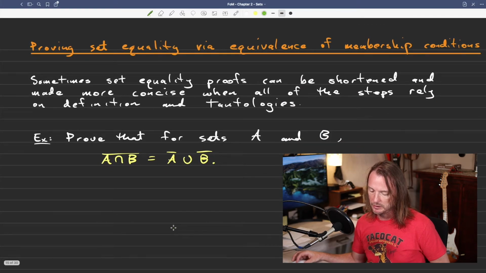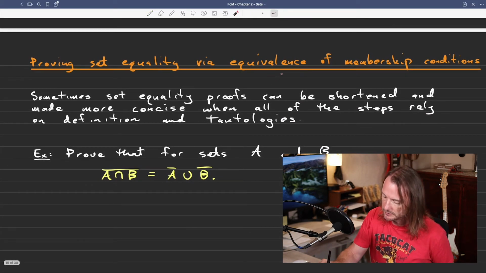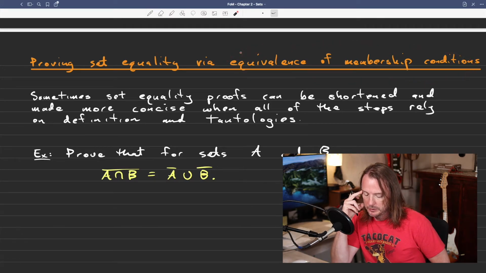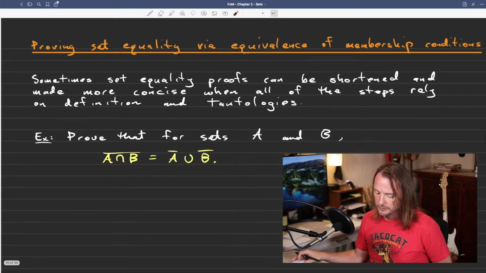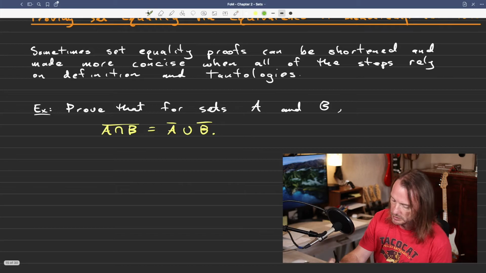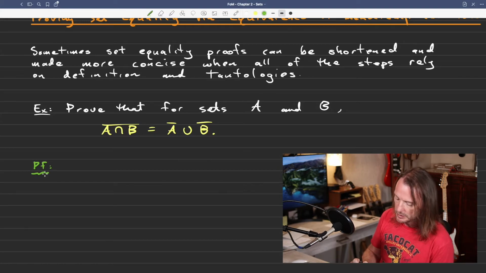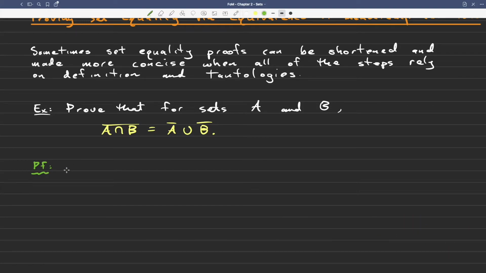Proving set equality via equivalence of membership conditions. Let me show you how that would look for this same thing that we just proved. What I could do here is just write down the definition of the set. So (A intersect B) complement is, by the very definition, the set of elements in the universe having the property that X is not in A intersect B. So this is by definition of complement.